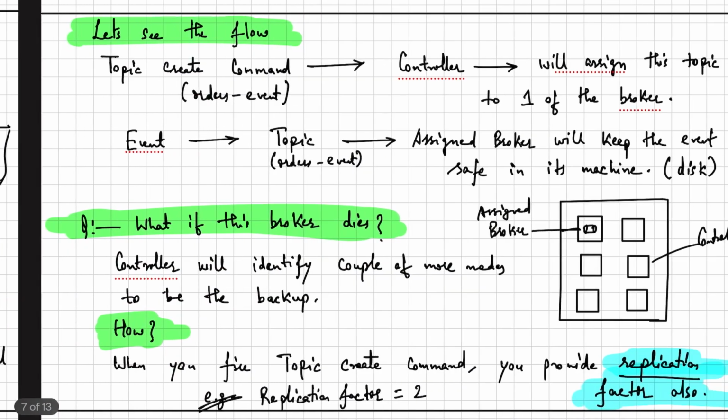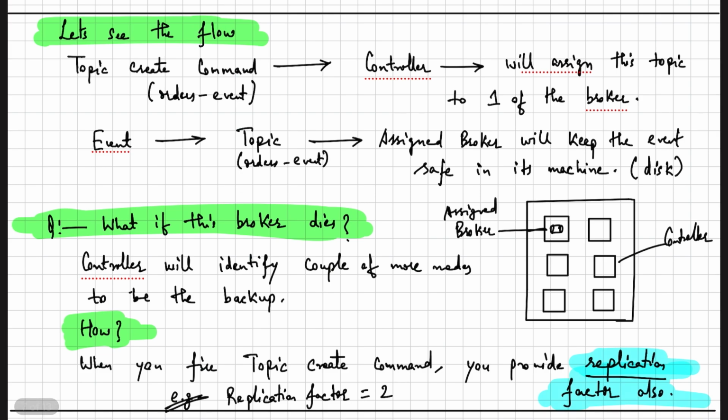Now let's see the flow. For example, we fire a topic create command. This is the topic which we would create. For example, as I already mentioned, the order event, when we place an order, would be stored in a topic. Which topic? In the orders event topic.